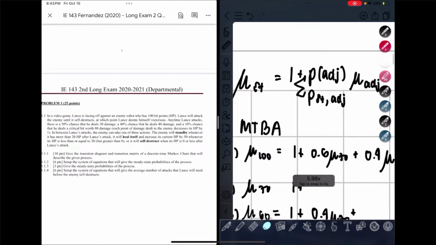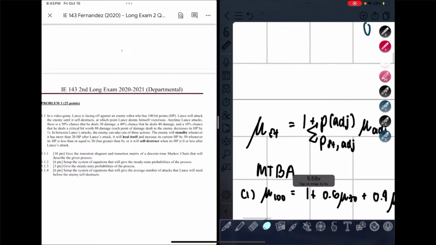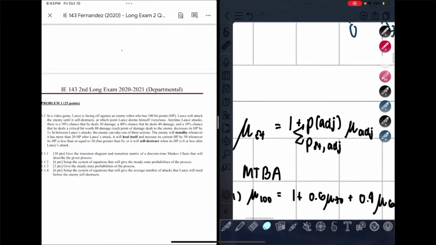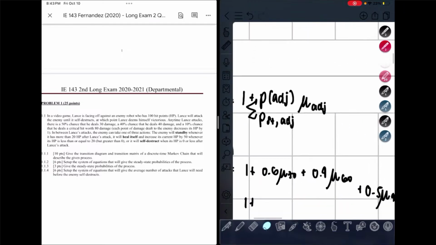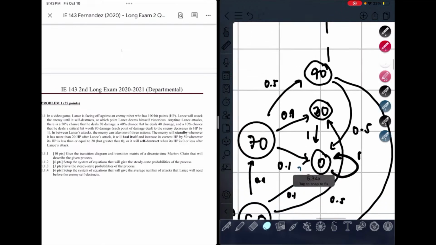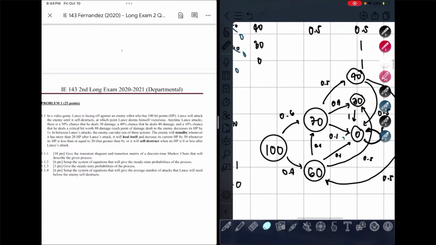Okay, so the very first thing we need is the main objective we're trying to solve, which is the number of attacks before the game ends. So that's just mu 100. That's equal to 1 plus what's 100 connected to? States 70 and 60.